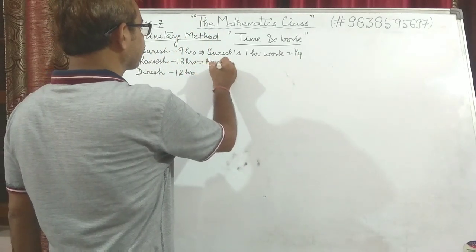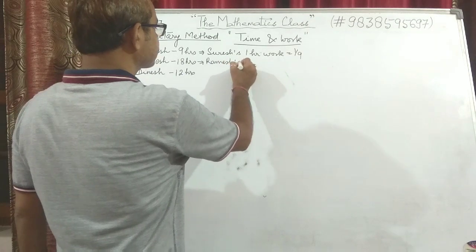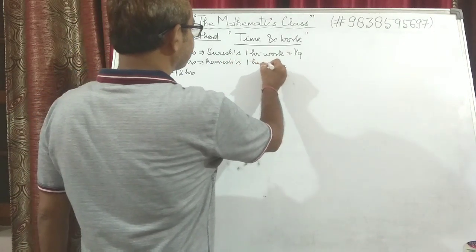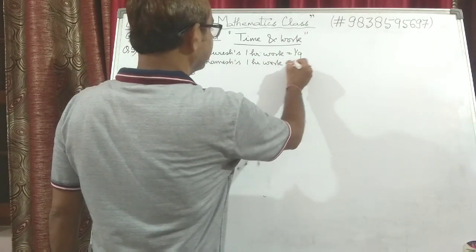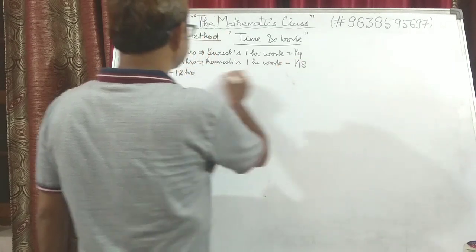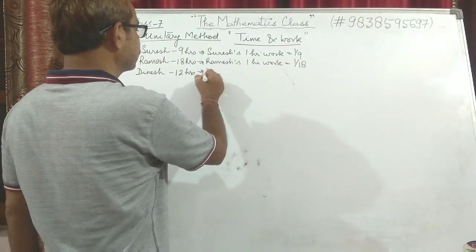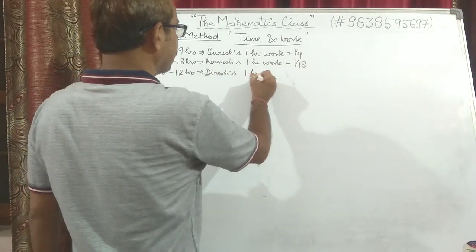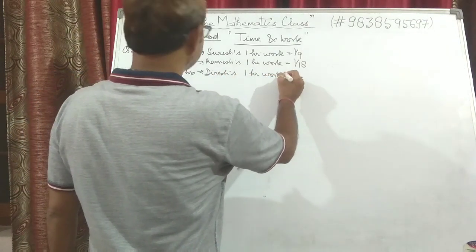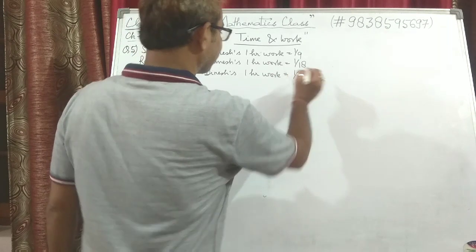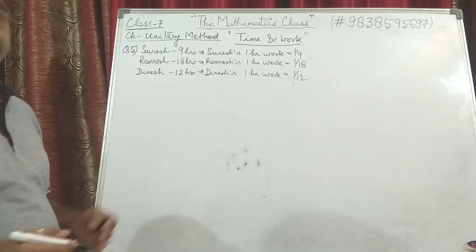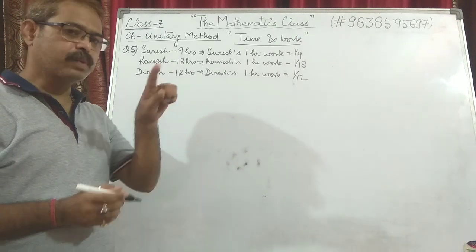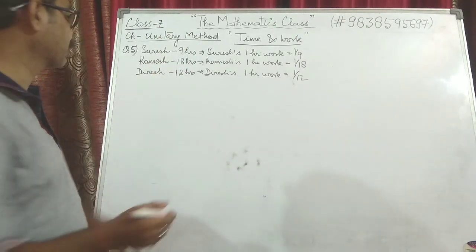Similarly, Ramesh's 1 hour work will be 1/18 of the total work, and similarly Dinesh's 1 hour work will be 1 upon 12. So when they work together, we'll find out their 1 day's work and then we will reciprocate it.